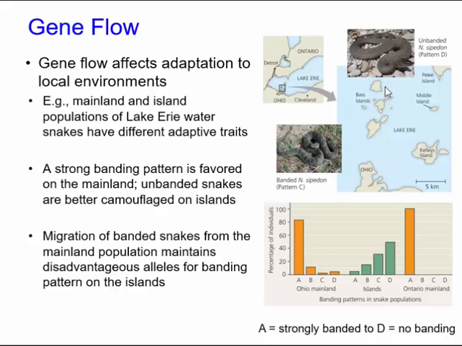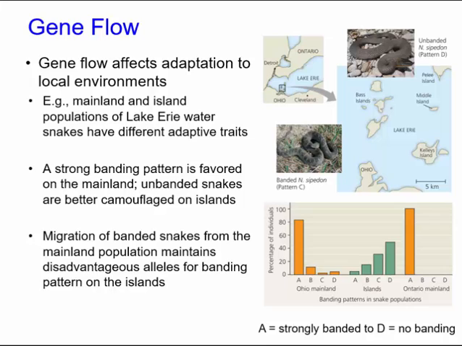But on these islands in Lake Erie, being unbanded is better camouflage. So there would be strong selection to be unbanded in those places, so much so that you would think eventually all the snakes on these islands are going to be unbanded. You won't see those at all.